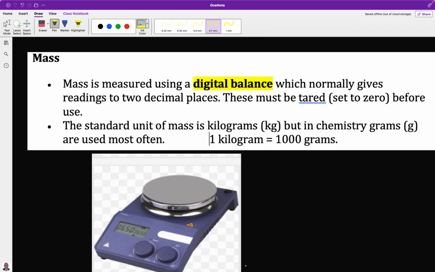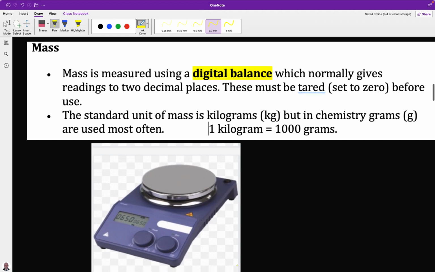The mass of maybe salt, the mass of anything you may want to use in the lab for any type of investigation. So mass is measured using a digital balance.